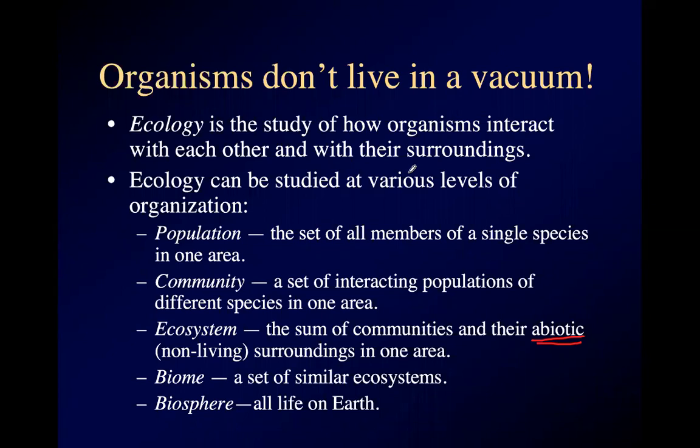I might be talking about the amount of salt in the water if we're talking about an ecosystem in the oceans. I might be talking about nutrients in the soil. All of those things are not technically alive, and yet all of them are important in the ecosystem. All of those play a very important role.